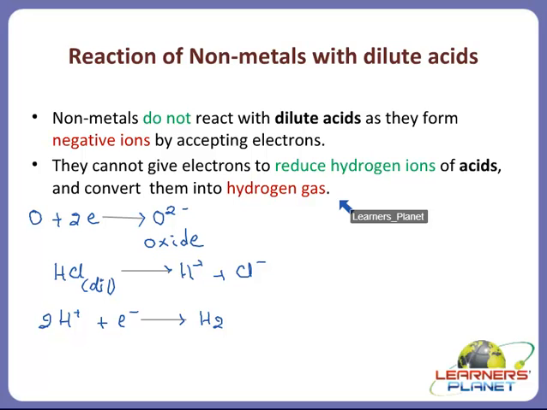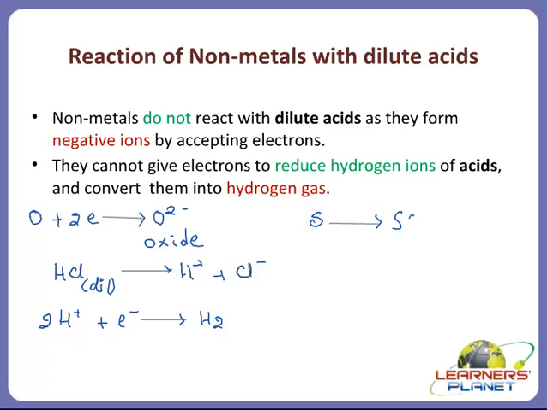But in case of concentrated acids, children, like concentrated H2SO4, concentrated nitric acid, they are what? They are strong oxidizing agents. Okay. Now they will oxidize the non-metals, like your sulfur. Sulfur is oxidized to sulfur dioxide, right?